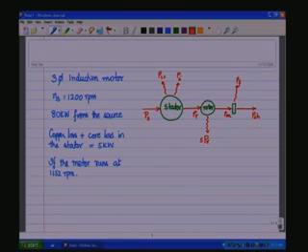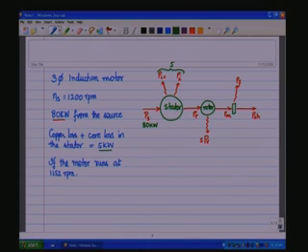Now let us calculate the various powers. If you look at the input for this three-phase induction motor which has a synchronous speed of 1200 RPM, the input is 80 kilowatts. Out of this, copper loss plus core loss in the stator is 5 kilowatts.